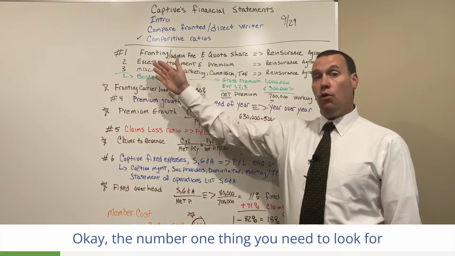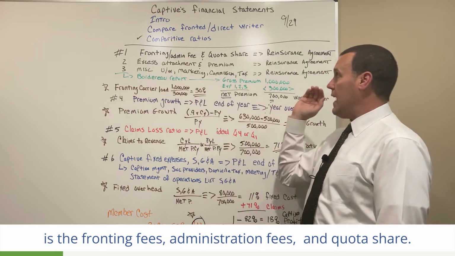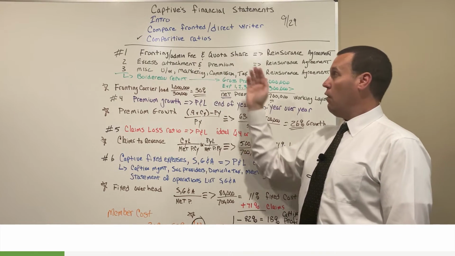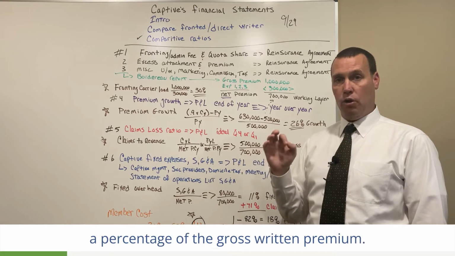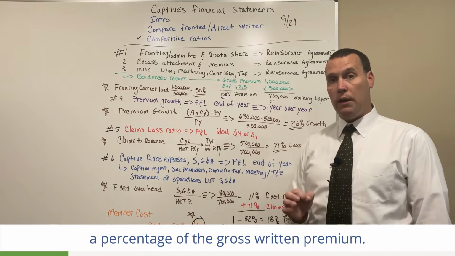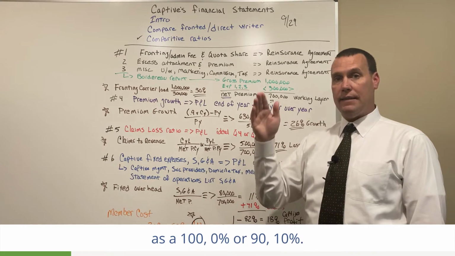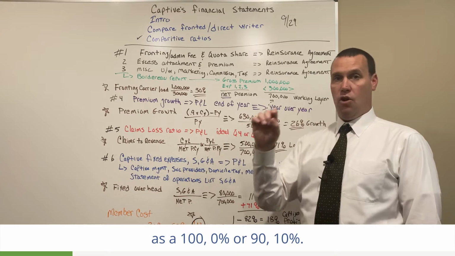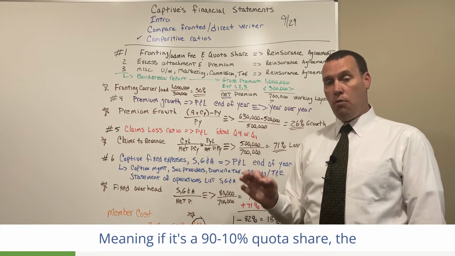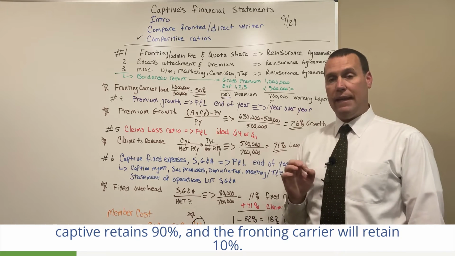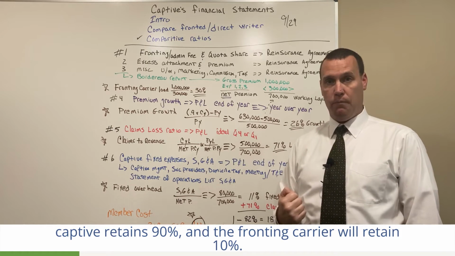The number one thing you need to look for is the fronting fees, administration fees, and quota share. Fronting and administrative fees are generally expressed as a percentage of the gross written premium, and the quota share is generally expressed as 100-0 or 90-10, meaning if it's a 90-10 quota share, the captive retains 90%, the fronting carrier will retain 10%.